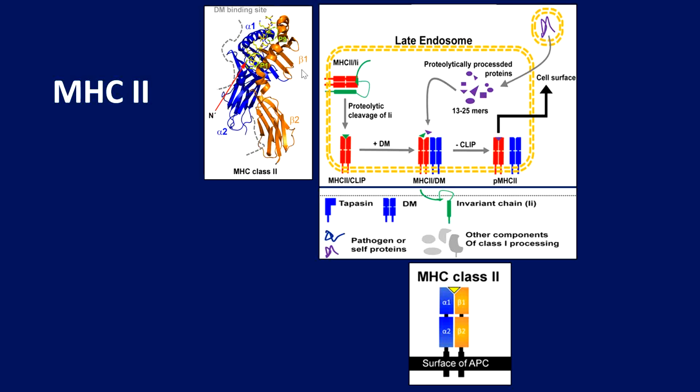Bacterial proteins are cleaved by proteases, cathepsins, and metalloproteases in the acid environment of the endocytic pathway, and meanwhile the MHC class 2 molecules assemble in the endoplasmic reticulum with another molecule called the invariant chain.